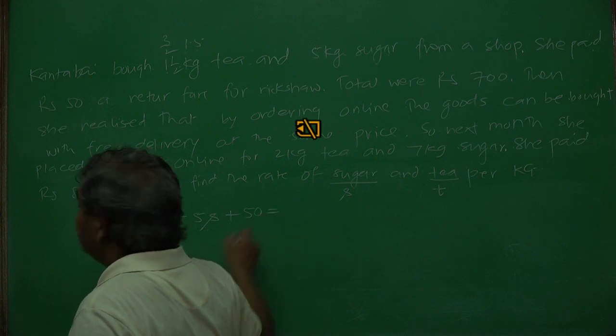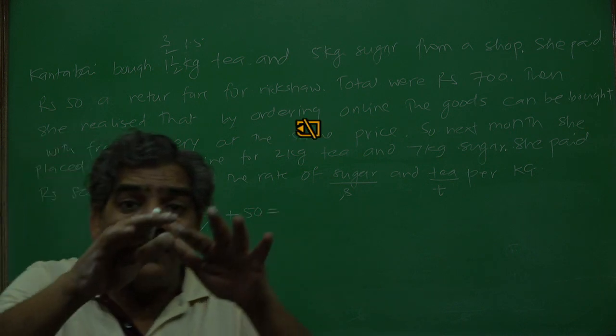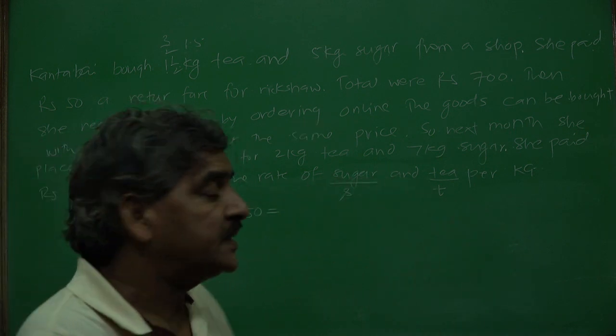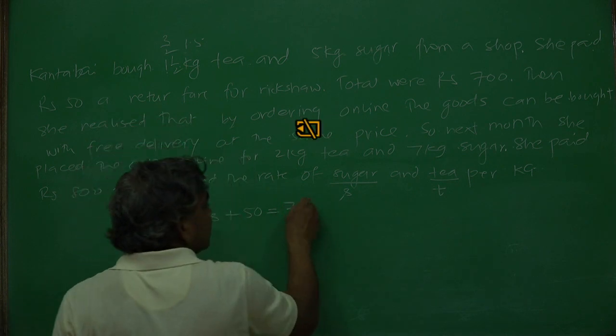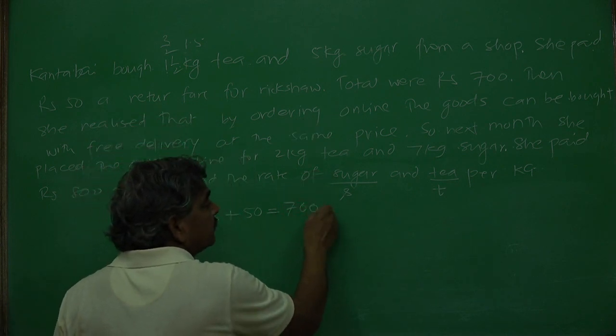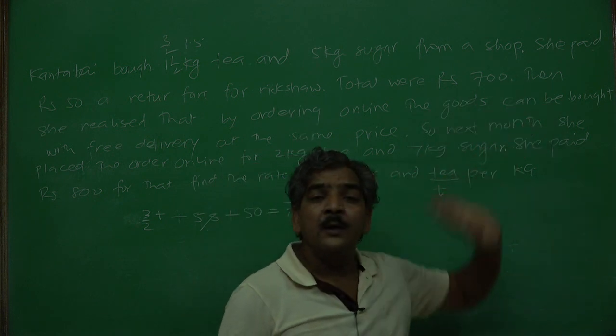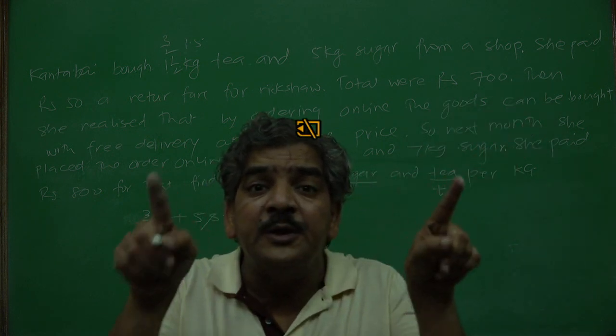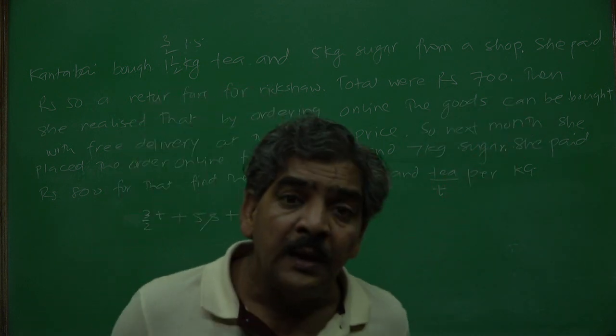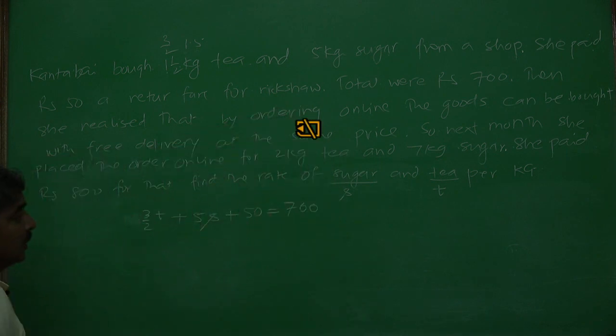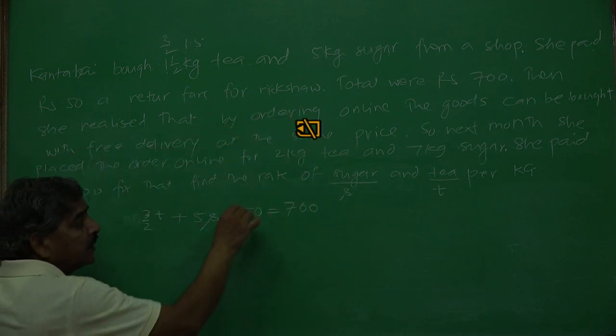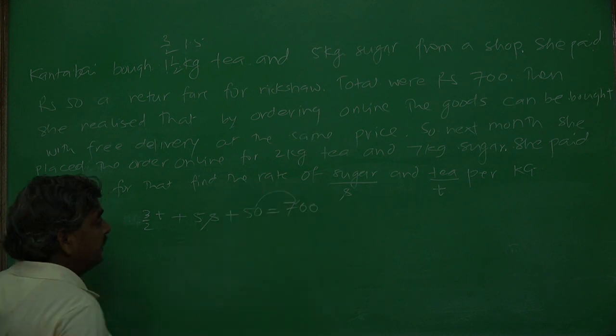And this cost total 700 rupees. So here I generated one equation in S and T. Let's simplify this equation. Better shift this 50 to the right hand side.